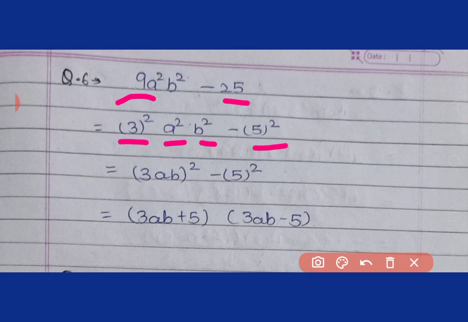Everywhere the power is the same, so we can directly write it in the form of 3ab whole power 2 and now minus 5 to the power 2. Now this is a, this is b. So it can be written in the form of a plus b and a minus b. So 3ab plus 5 and 3ab minus 5.